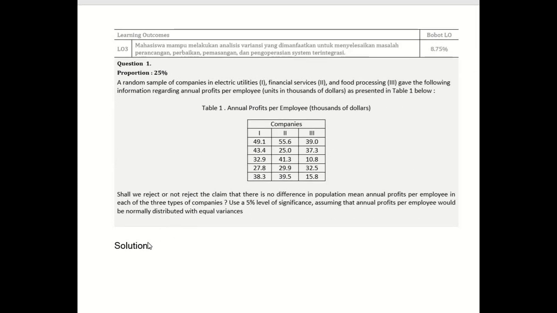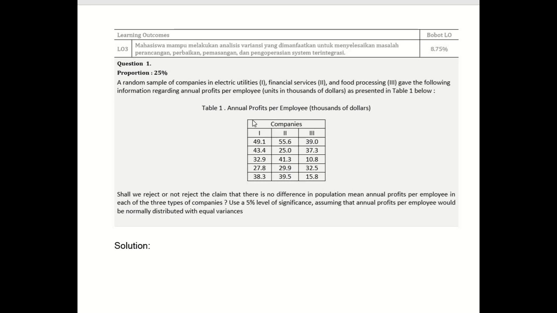Number 1. A random sample of companies in electric utilities, financial service, and food processing is given with the following information regarding annual profits per employee in thousands of dollars, as presented in Table 1. There are 3 companies, company 1, company 2, and company 3.